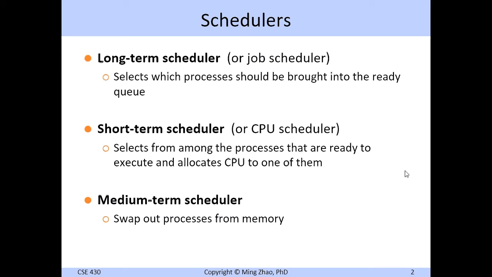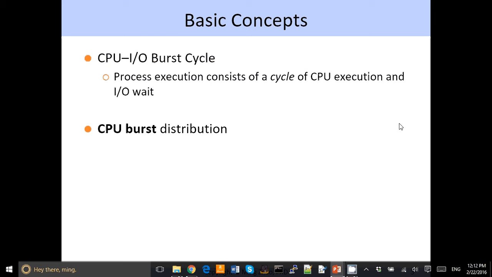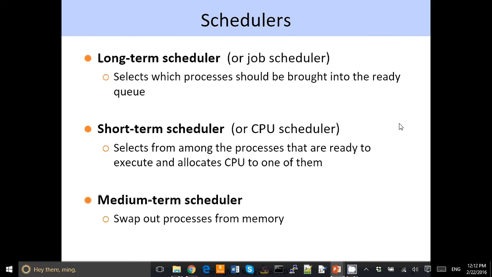But imagine we're talking about a high-end computer, maybe a supercomputer. If we consider the supercomputer as a single computer, then we do have the need for a long-term scheduler, because we cannot just admit any process that's started by any user. We have to decide which programs, which applications, can be admitted and brought into the ready queue.